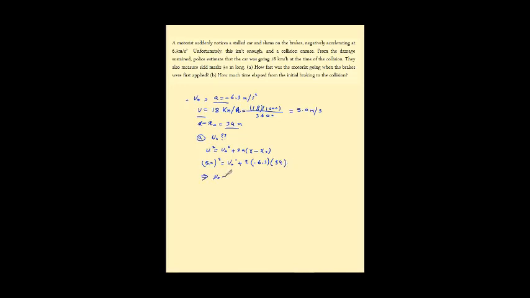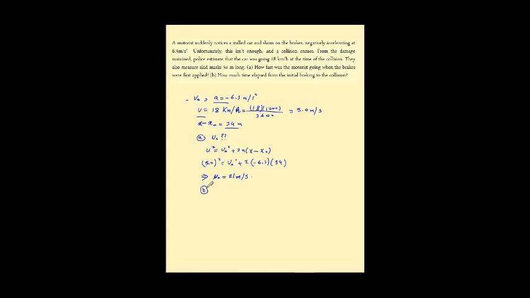If we evaluate this, we obtain v0 equal to 21 meters per second. And this is the speed that the motorist was going when the brakes were first applied.